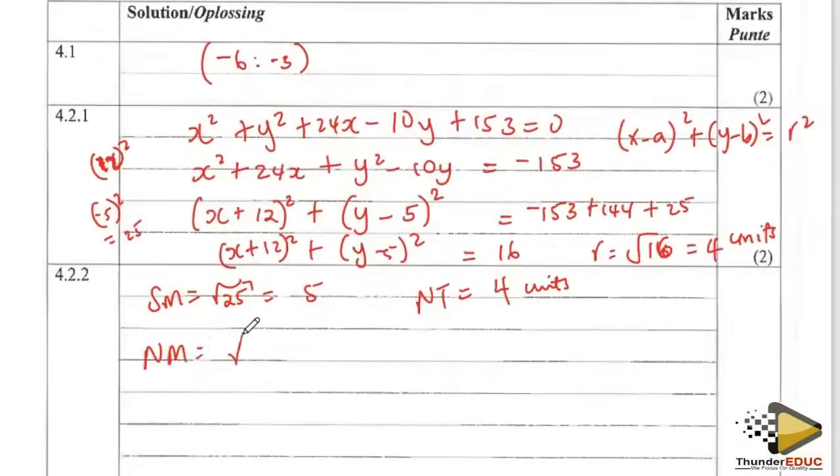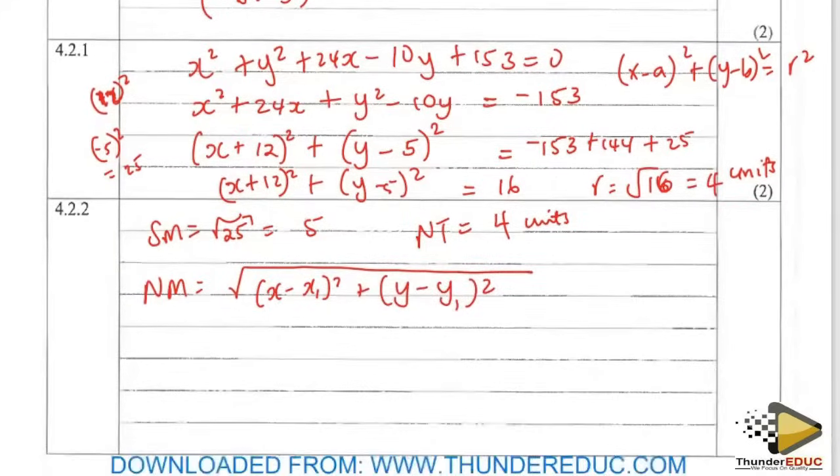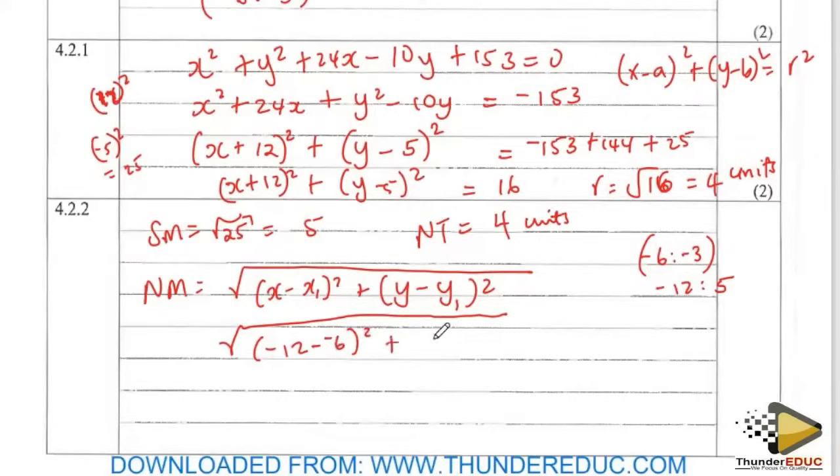Then I'll subtract these two. So NM from the distance formula, we say x minus x1 squared, and then y minus y1 squared. And I try to substitute that. Remember, I have negative 6, negative 3. And I have negative 12, square root. I'm going to have negative 12 minus 6 squared plus, it's a 5 minus 3 squared.